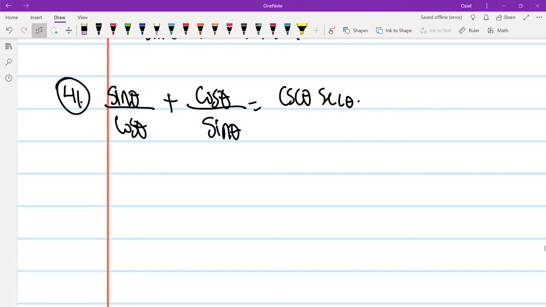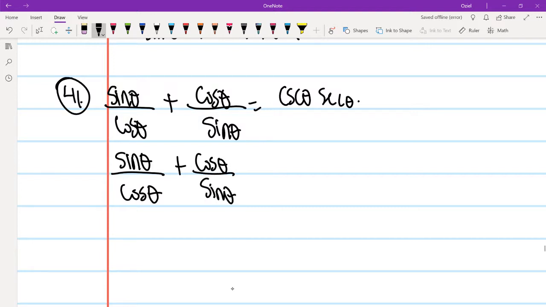One thing I would want to do if I were doing this problem first is rewriting it, but making sure that I get this in terms of sine and cosine.